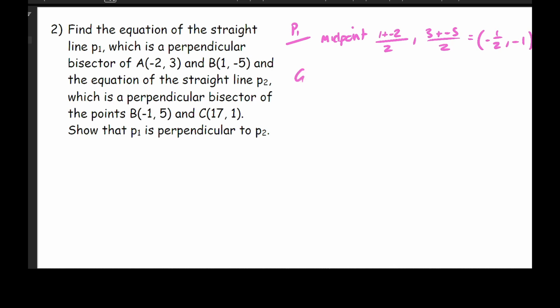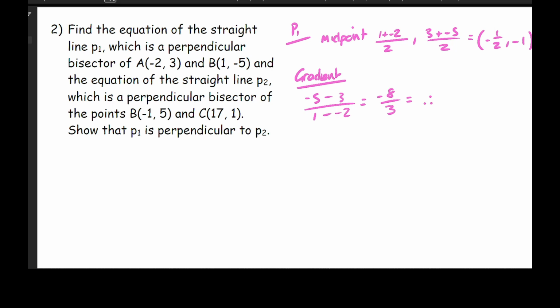And then finding the gradient between those 2 points, it's going to be minus 5, 1 and 3 and minus 2. Again, just be careful with the negatives. That gives me a gradient of minus 8 over 3.